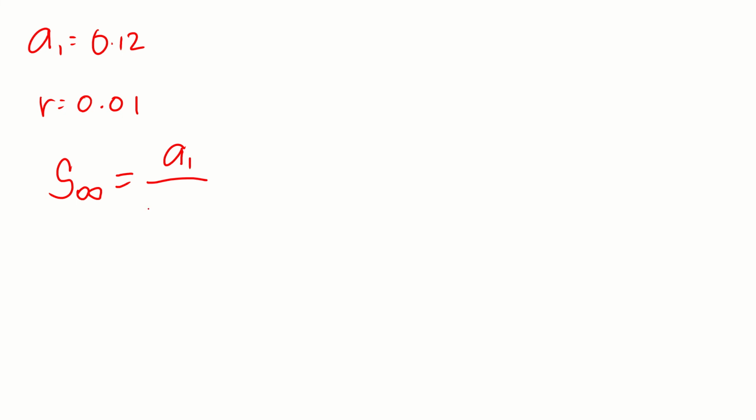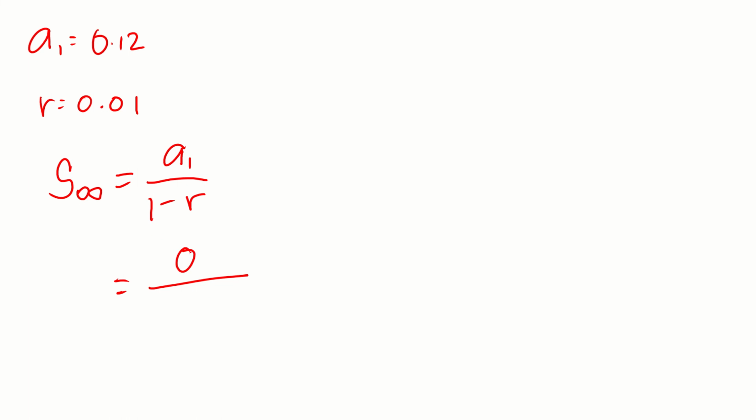Okay po. Balik po tayo dito. A sub 1 natin kanina ay 0.12. Our common ratio is 0.01. Then, ang hinahanap is the fractional form ng 0.12 and so on. So, we will use the formula ng S sub infinity is equal to A sub 1 over 1 minus the common ratio. Substitute lang natin yung mga given.